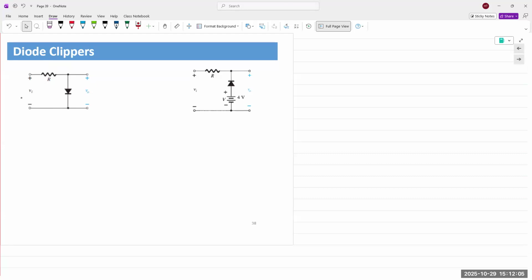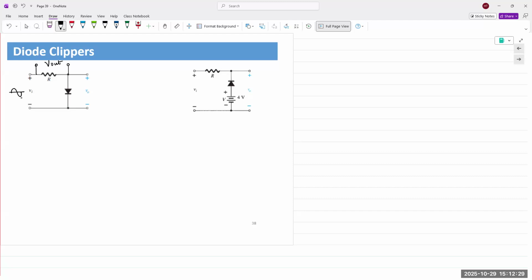If you take the output across the resistor, what kind of circuit do you have? Nobody remembers? A half-wave rectifier, absolutely.